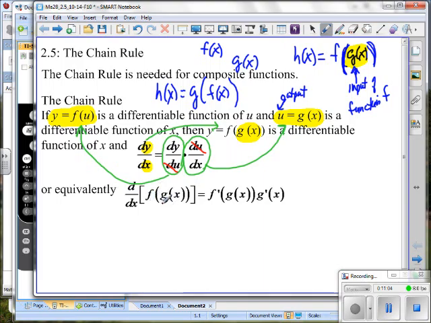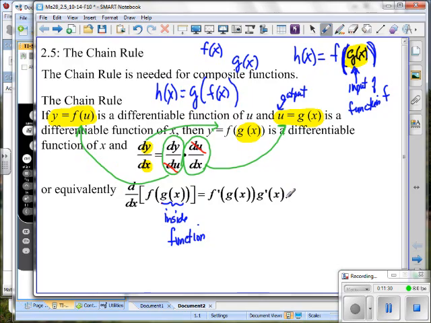So it is the input, and yet I'm going to call it not the input, but I'm going to think of it as the inside function. It is the input, its output becomes the input of function f, but we also then use the words inside, outside, because that function literally sits inside function f.